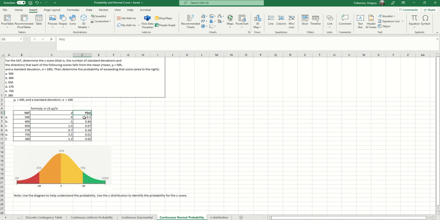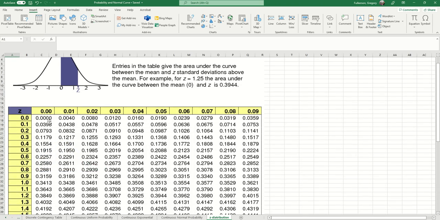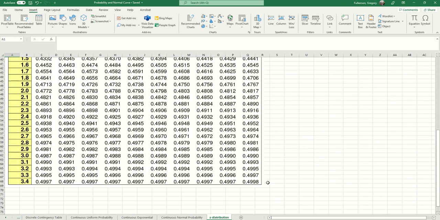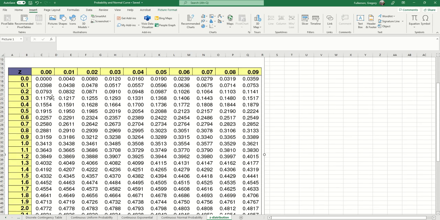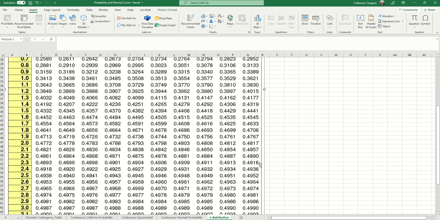So where do these probability values come from? That's the next question. So we need to use our z distribution, right? So we can see that a 0 value, which is going to be all the way down at the end, it's going to be 0.5, right?